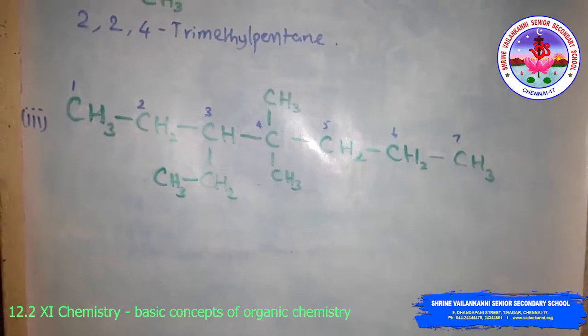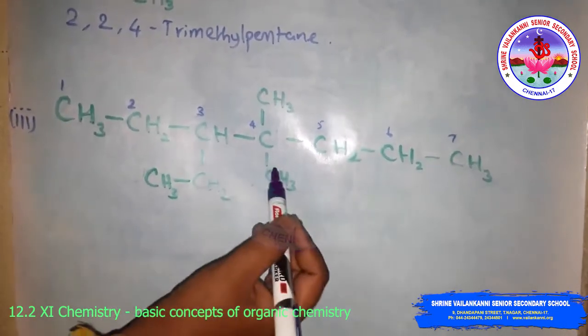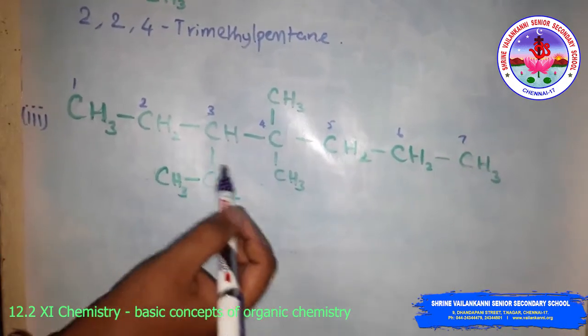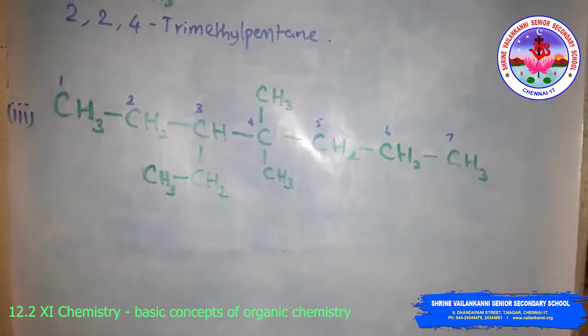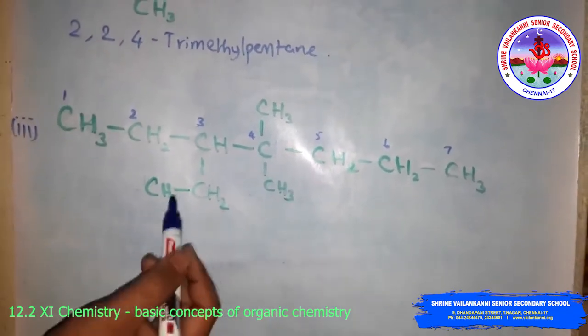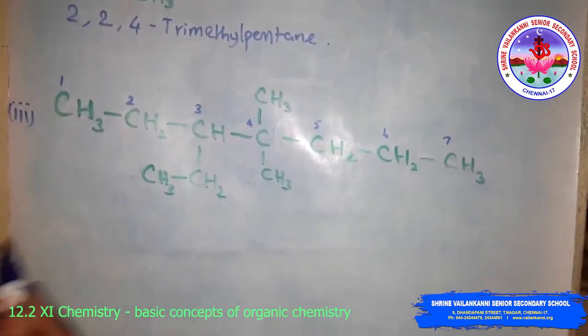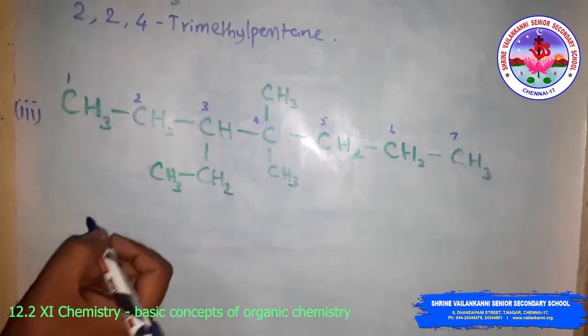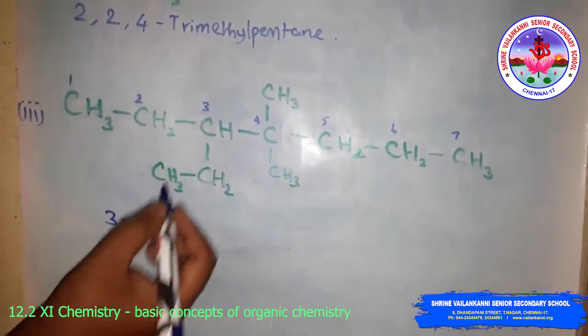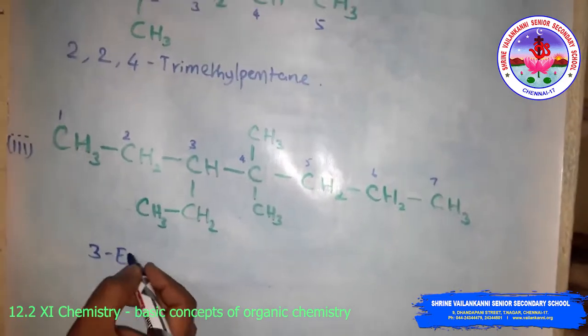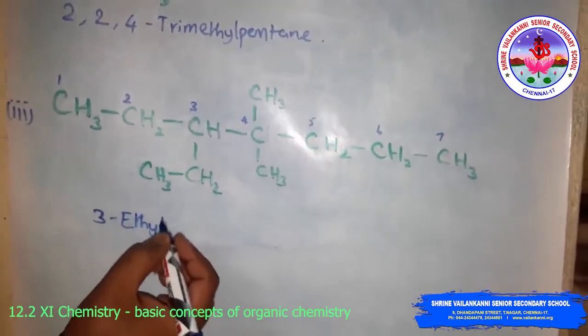Okay, so here a methyl group and ethyl group are present. Which is the methyl group? Methyl group and ethyl group in alphabetical order, ethyl is first, so 3-ethyl, the third position has ethyl.